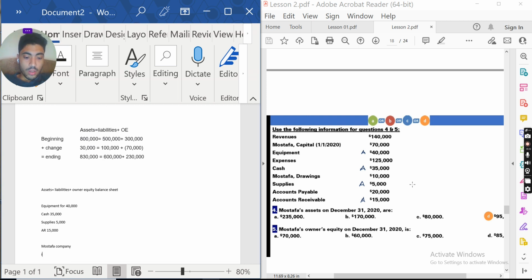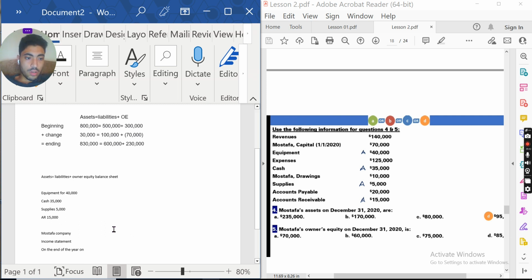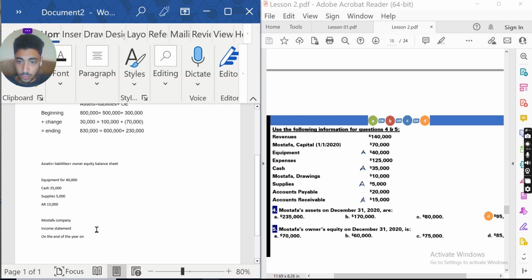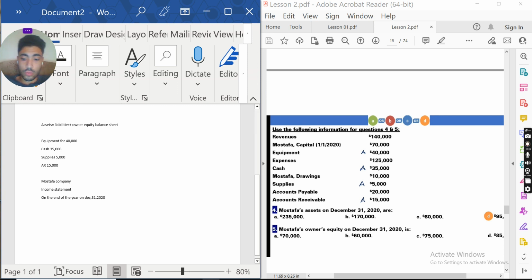Alright. Income statement on the end of the year, December 31, 2020, and we start by doing our table.